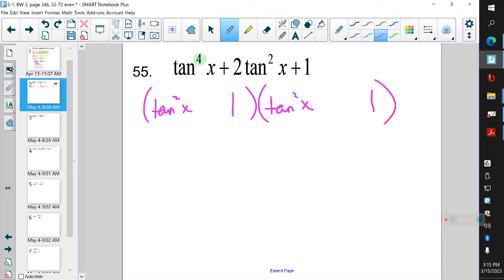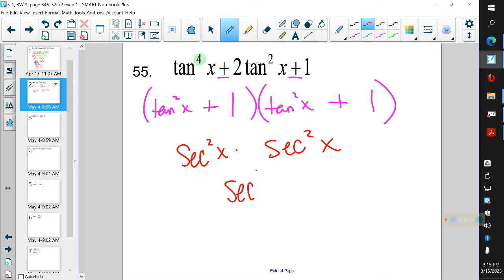I need to have a positive 1, and my middle term is positive, so that's plus and plus. Again, keeping in mind what the directions said, it said to factor and then use the trig identities. What is tan squared plus 1? Tan squared plus 1 is secant squared of x, and we are going to apply that 2 times. Secant squared times secant squared is going to be secant to the fourth of x, and that is done.